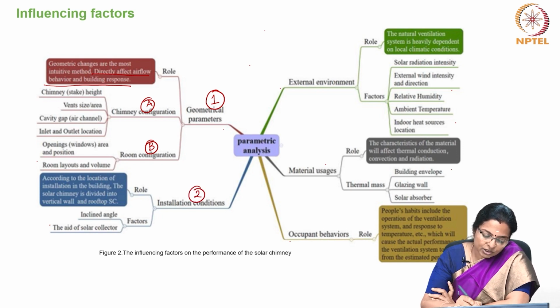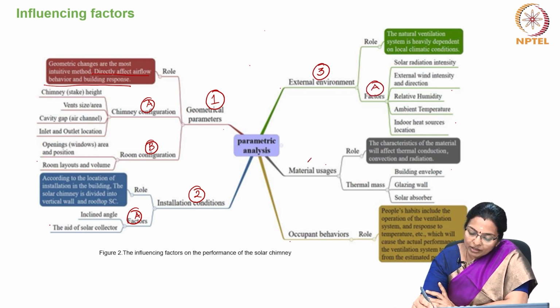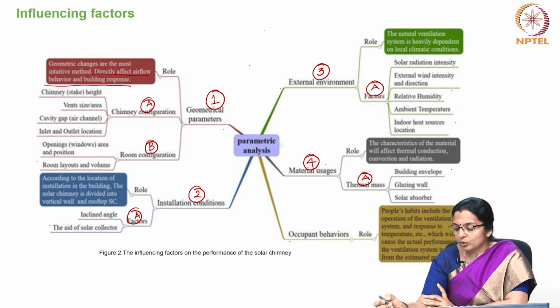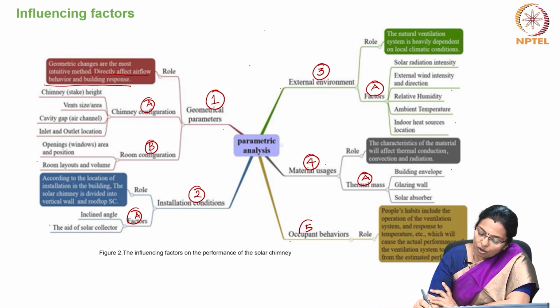How is it installed? Third is the external environment, the factors governing the outside environment. Fourth is its material usage. What is the thermal mass of the various associated built forms? And fifth is the occupant behavior.